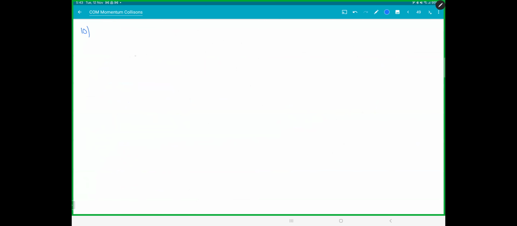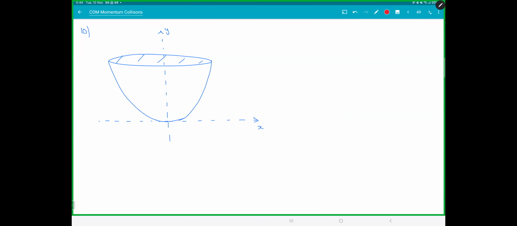So let's say we have a paraboloid. X-axis, y-axis.